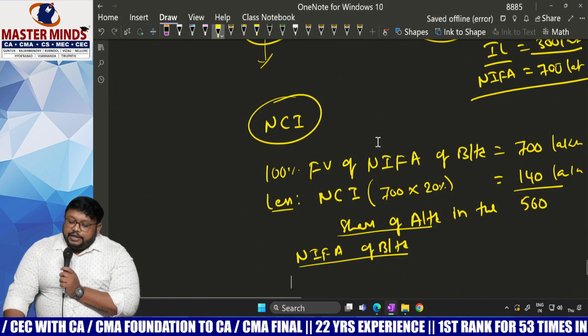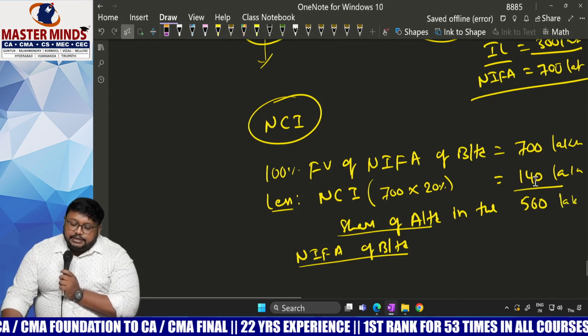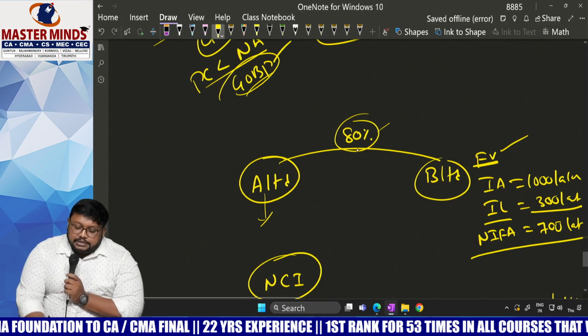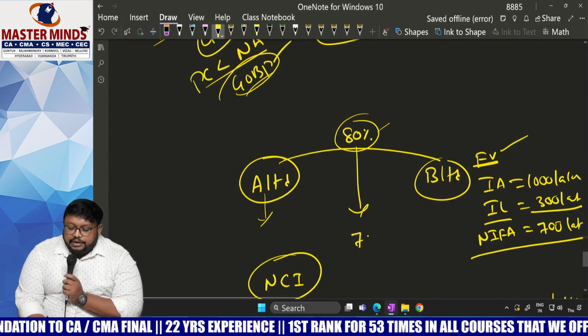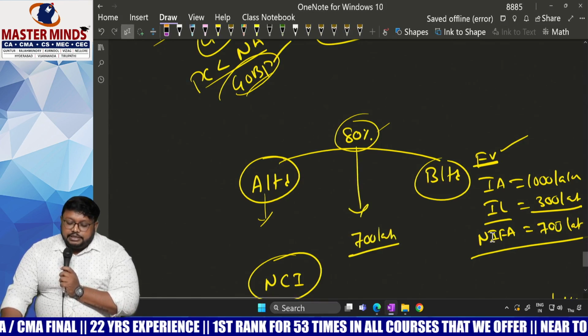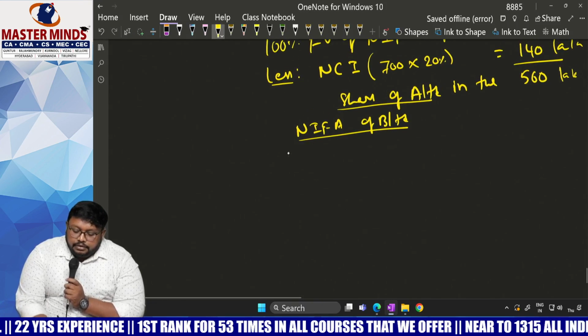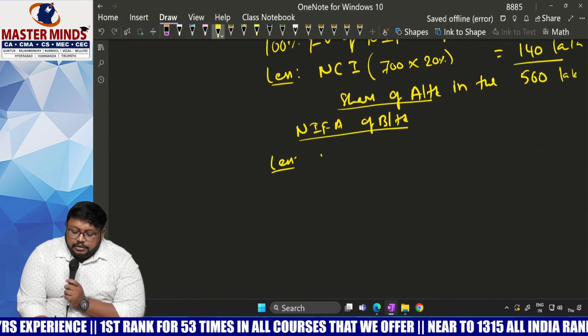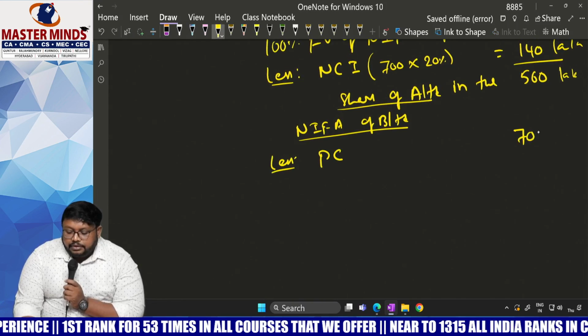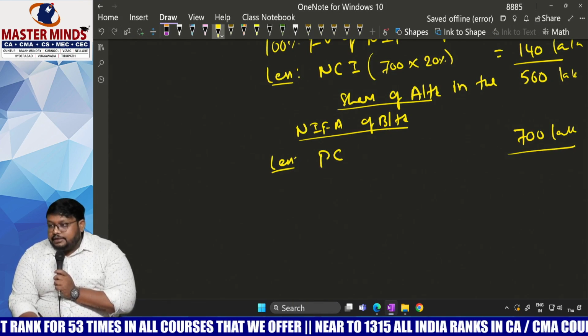For 560 lakhs, how much purchase consideration are you paying? Say purchase consideration is 800 lakhs. Now purchase consideration is more than the share in net assets.